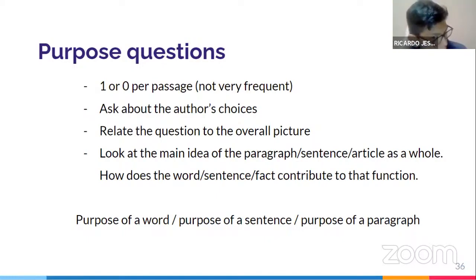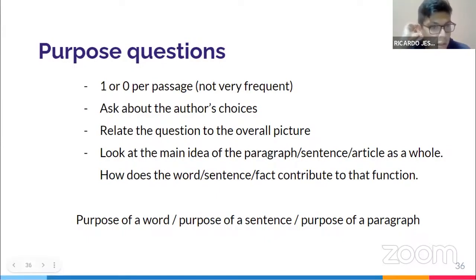An answer that sums up the entire paragraph.